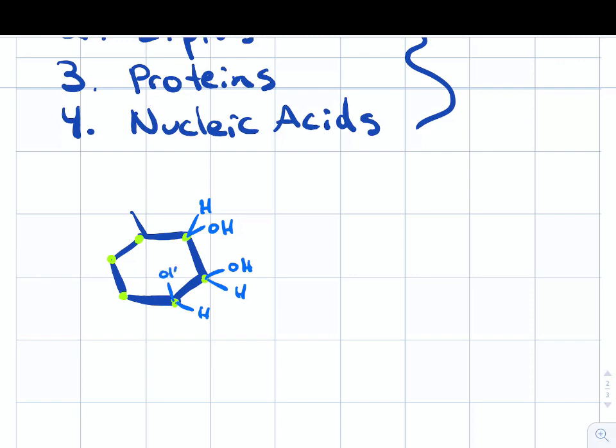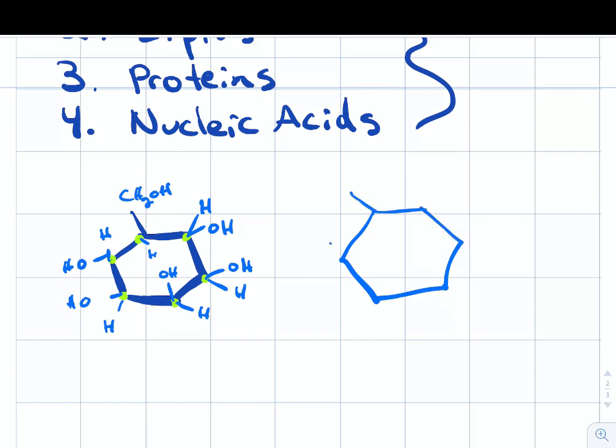Obviously, these are going to be three-dimensional shapes, but the way that I have to draw them here, they're two-dimensional, and that's okay. CH2OH. You do not need to know this structure, but just to look at it, if we have another one here, like this, these have the same functional groups on the end.